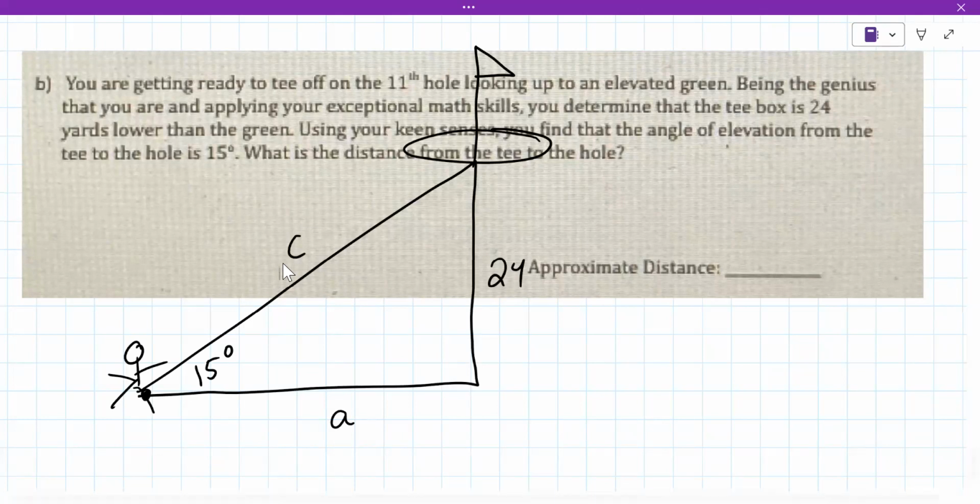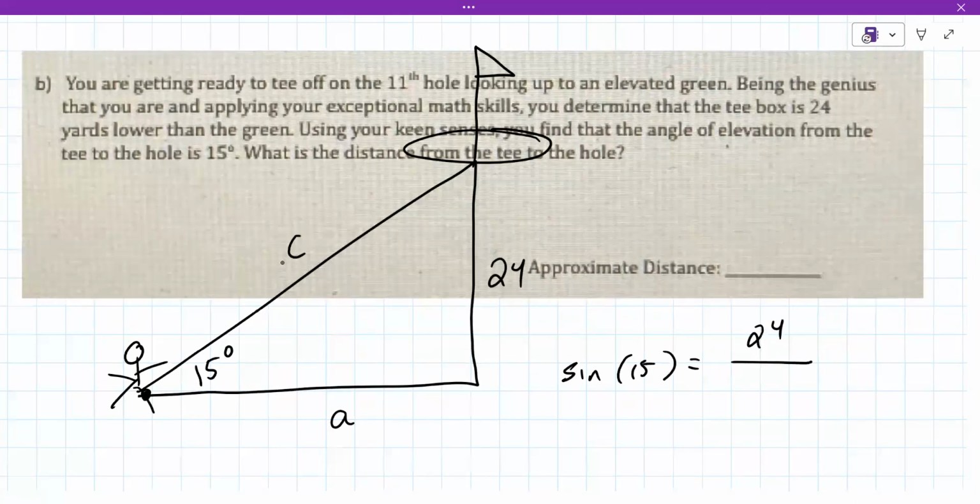Hypotenuse and opposite gives me sine. It's sine of 15 degrees equals what over what? Writing that down would be 24 over C.